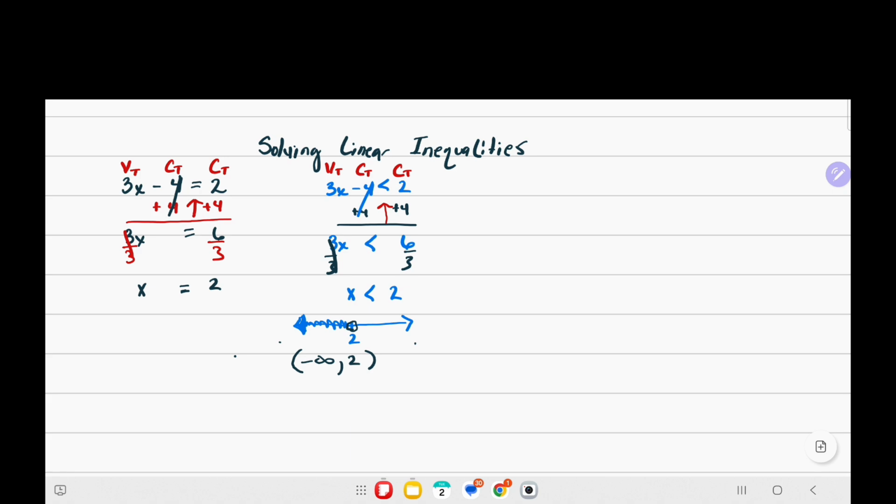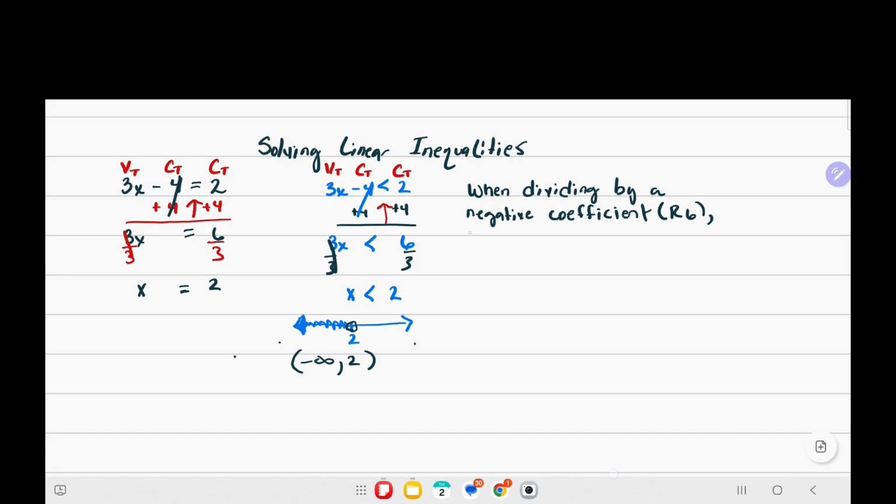The only thing I want to add is rule 6: when dividing by a negative coefficient, comma, flip the inequality.